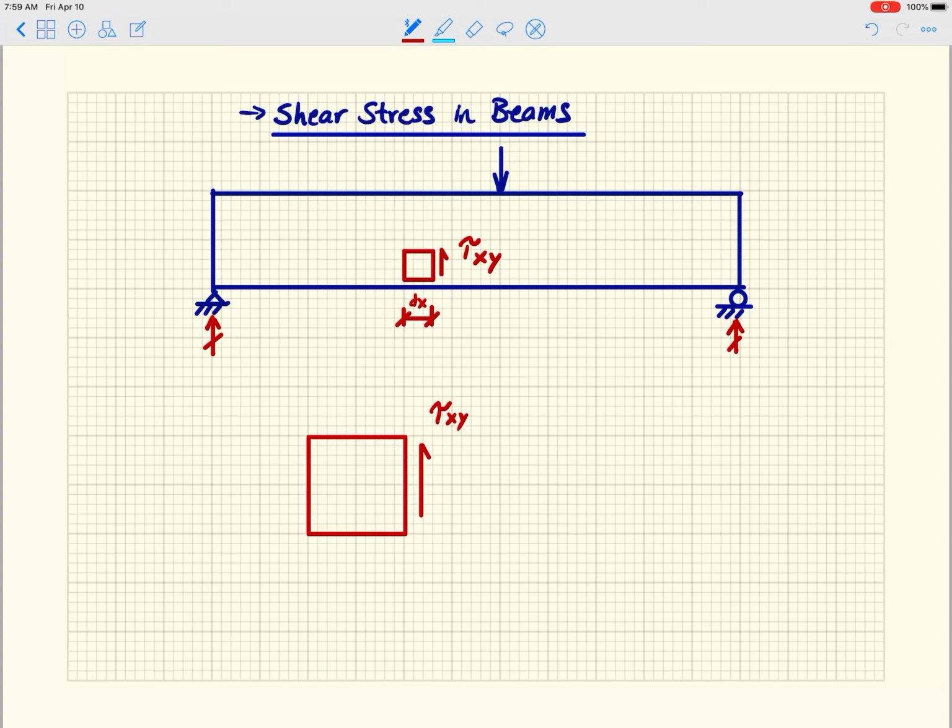But there's a lot of other stresses that are on this cube, right? And so what I'm going to do here is, without really explaining too much about where they come from or how to calculate them, draw the positive sign convention for all of these stresses, and then we'll talk about them a little bit, and then I'll get into how we calculate the shear stresses. So on each face, we actually have two stress components.